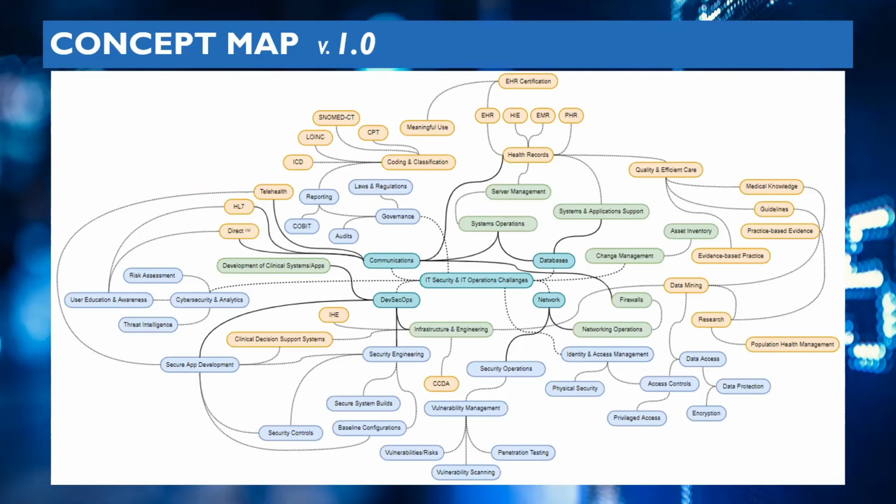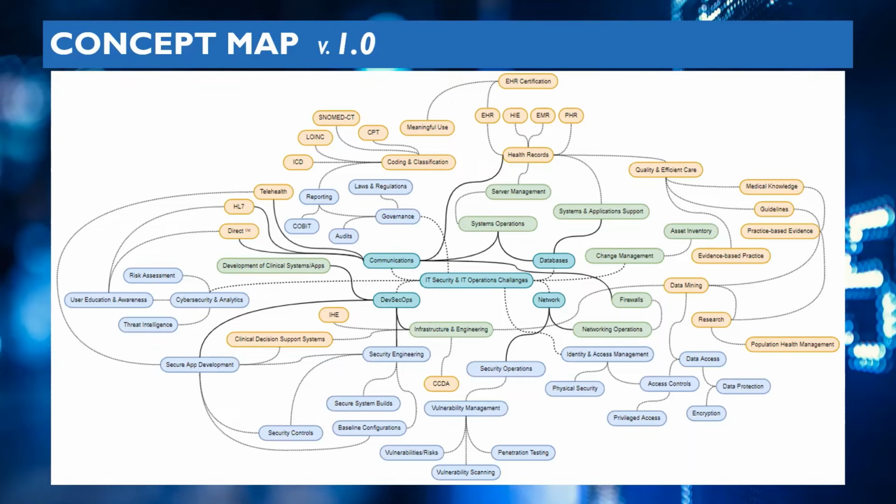So on screen is my concept map draft, at least version 1.0. As you can see, it's a little chaotic at the moment. There's a lot of things going on, lots of concepts in the form of bubbles.